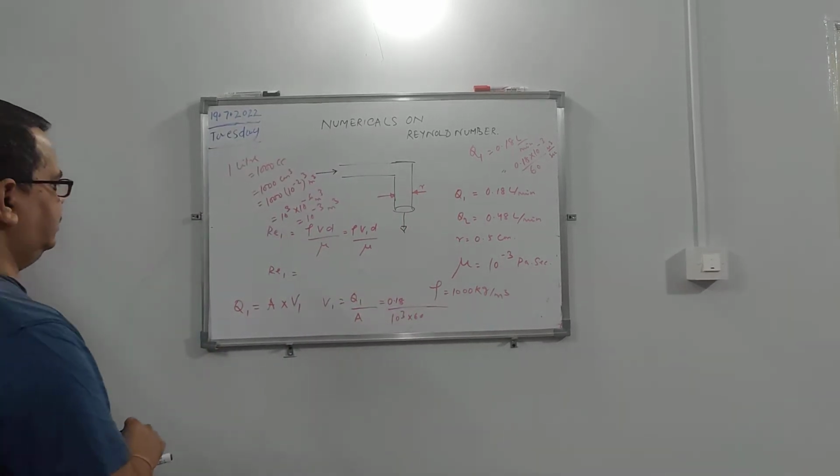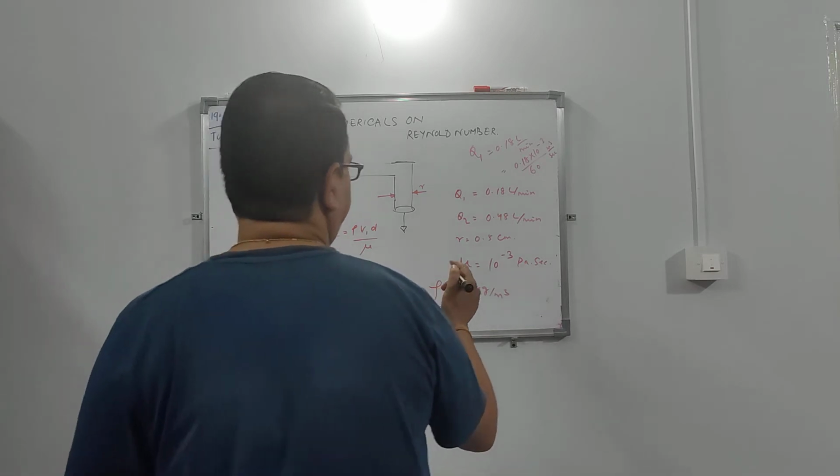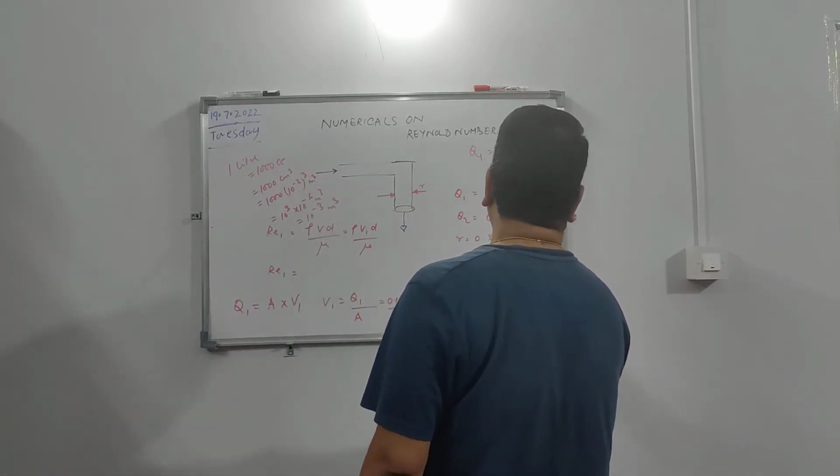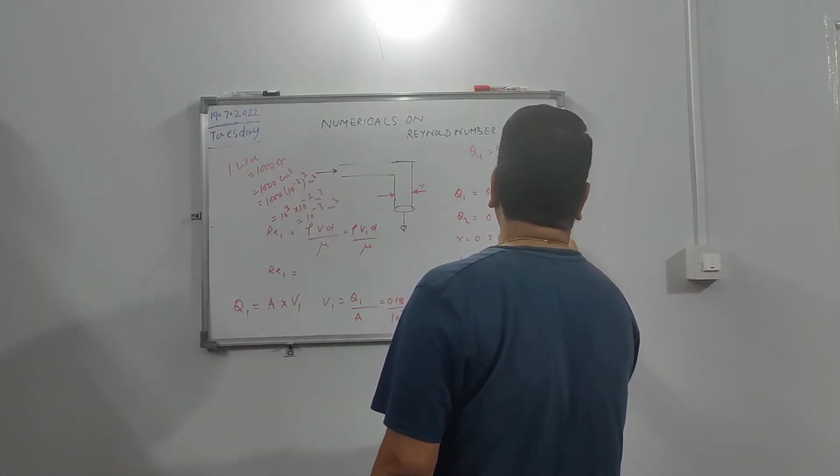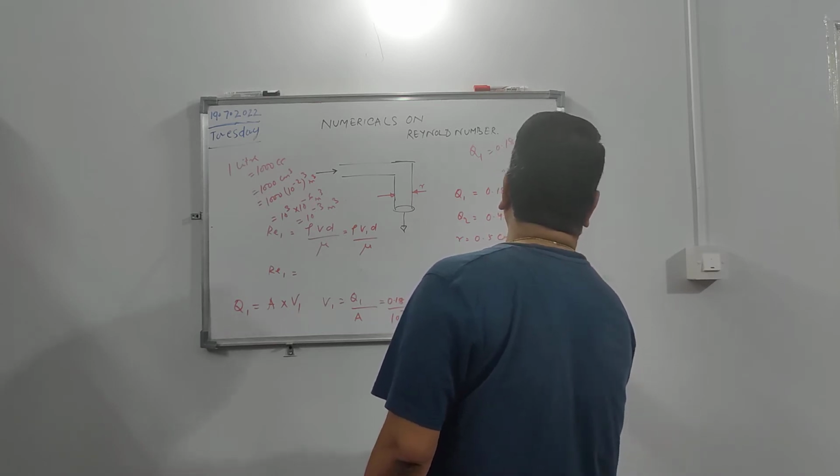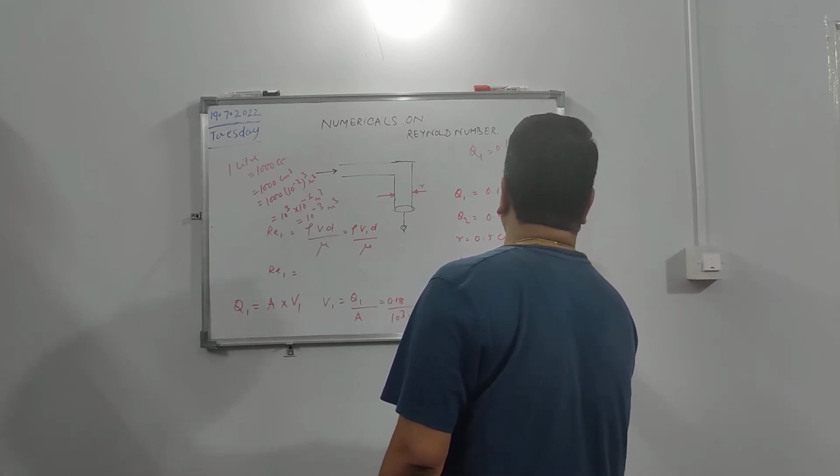Then my area of cross section. My radius is 0.5 cm, that means diameter is equal to 1 centimeter. 1 centimeter is nothing but 10 to the minus 2 meter.